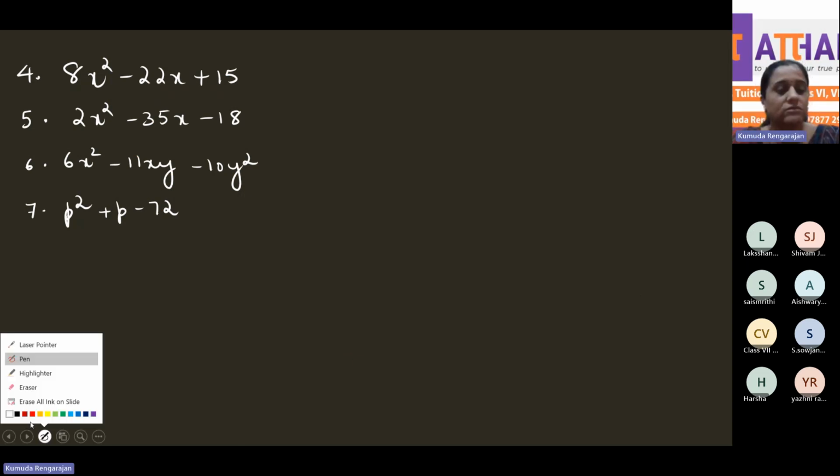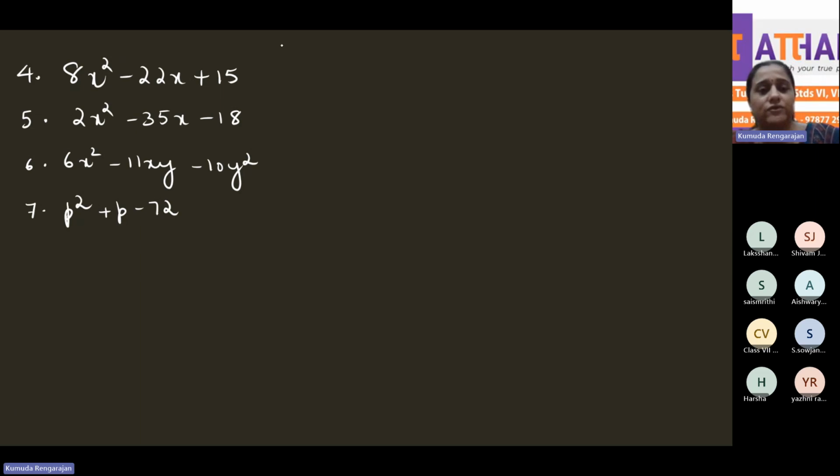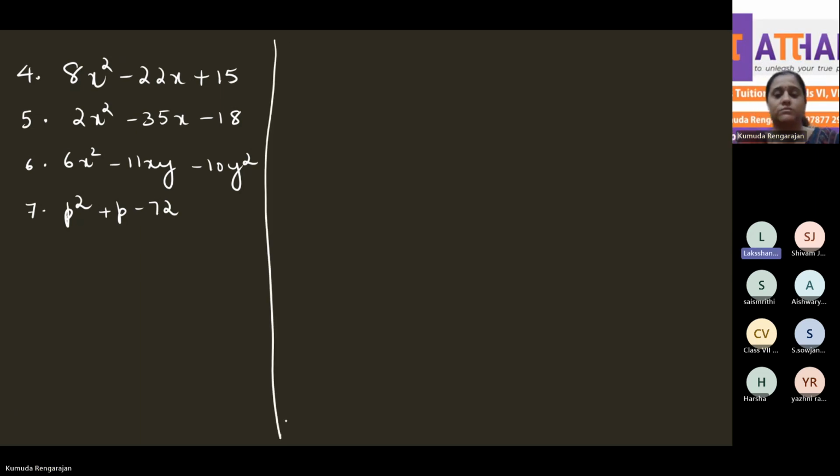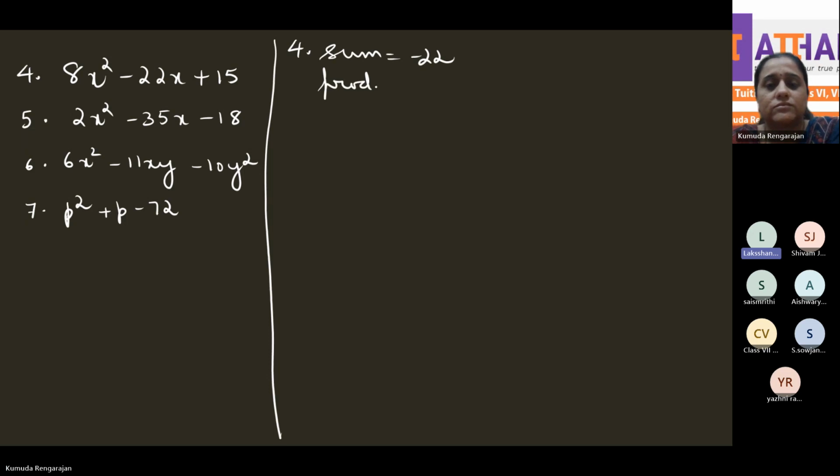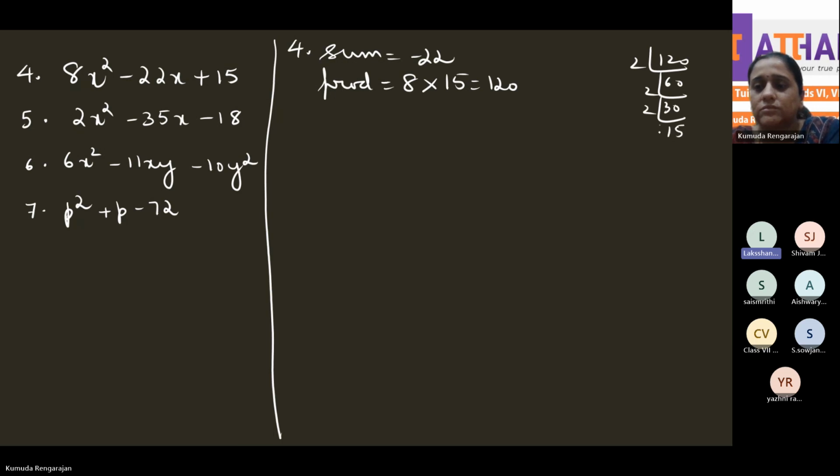Lakshana, tell me the answer for the fourth one. Ma'am, the sum is minus 22 and the product is 8 into 15, which is 120. 120 is equal to 2 into 2 into 3 into 5.